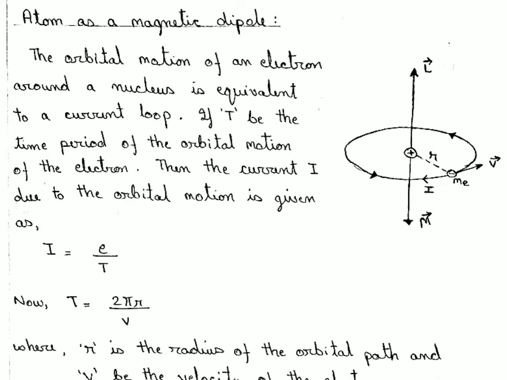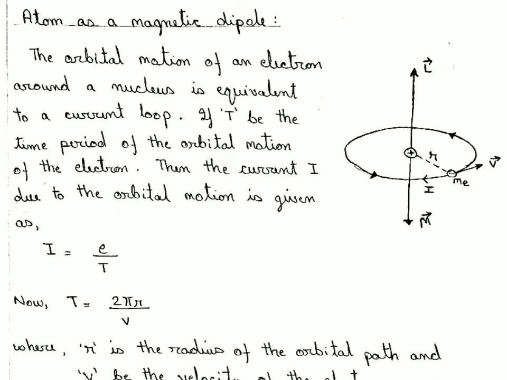So we have learned that a current loop behaves as a magnetic dipole, and not just the current loop, the atom also is taken as a magnetic dipole. Now we know that an atom consists of a positively charged nucleus, and electrons are revolving around this positively charged nucleus, and this orbital motion of an electron around a nucleus is equivalent to a current loop.